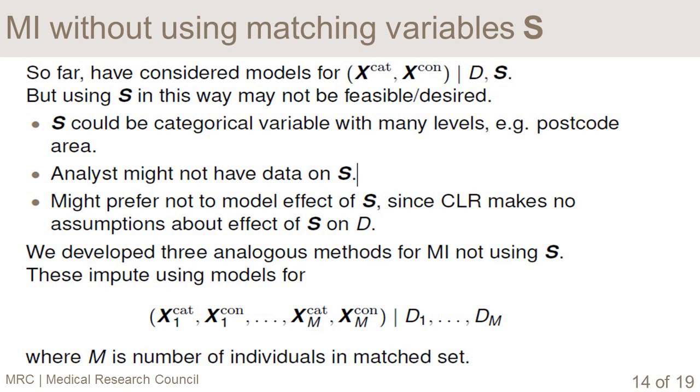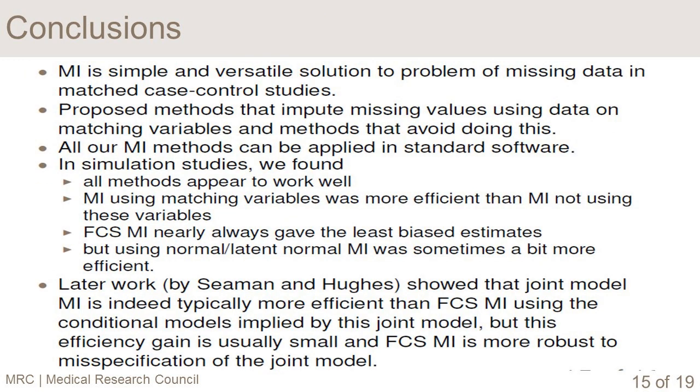Slide 15, please. So, some conclusions then. We think that multiple imputation is a simple, versatile solution to the problem of missing data in matched case control studies. The proposed methods impute the missing values using both the matching variables and methods that avoid doing this.